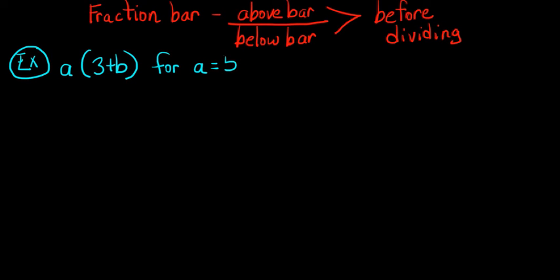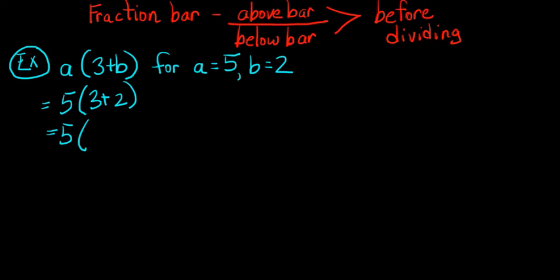So if A is 5, I'll put a 5 here. This is equal to 5 times (3 plus 2). I want to do what's in the parentheses first. So that's going to equal 5 times 5, since 3 plus 2 is 5. And now I can multiply and say that that equals 25.